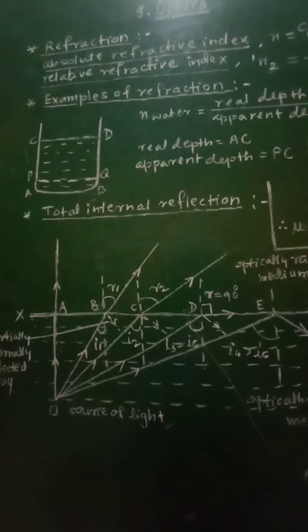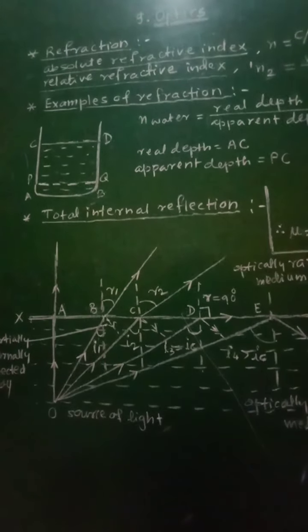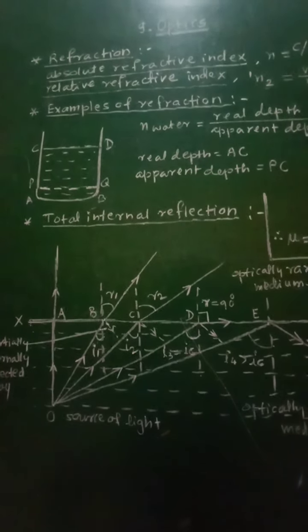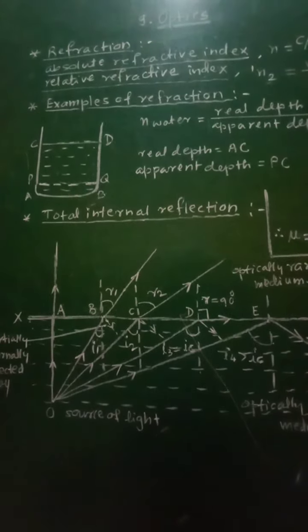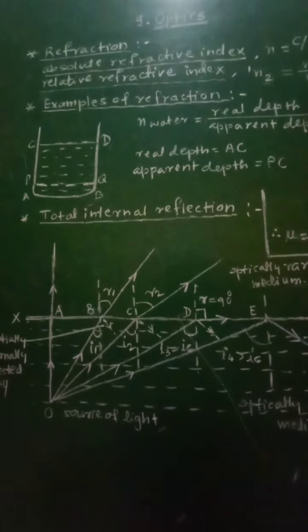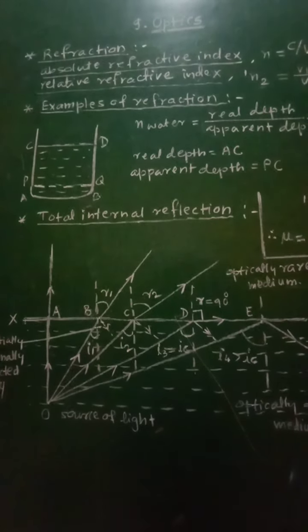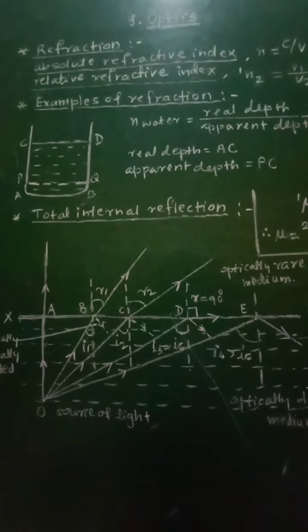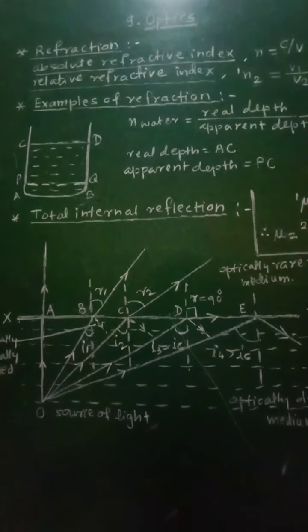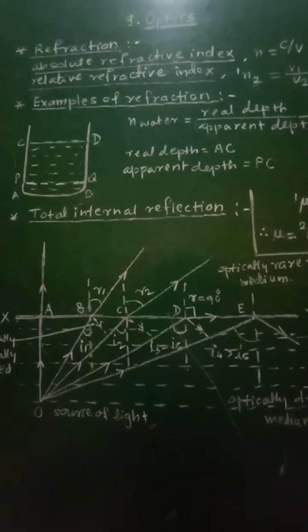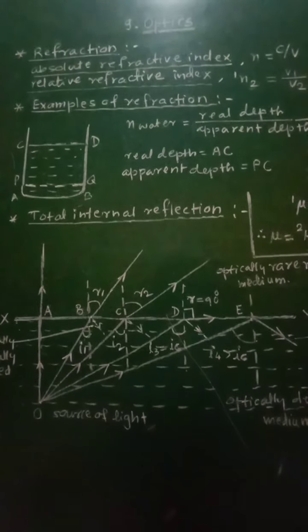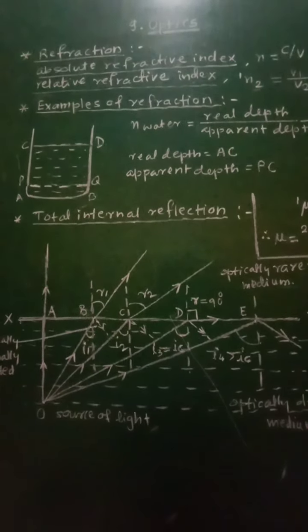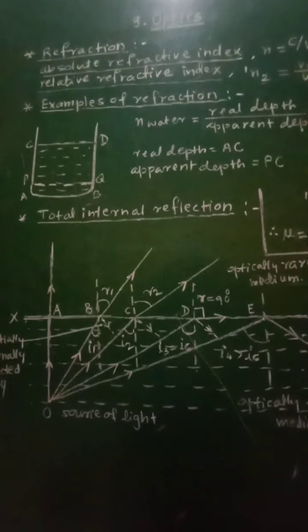Then for angles of incidence greater than the critical angle IC, the angles of refraction become larger than 90 degrees, and the ray does not enter into the rarer medium at all, but is reflected totally into the denser medium. This phenomenon is called total internal reflection.